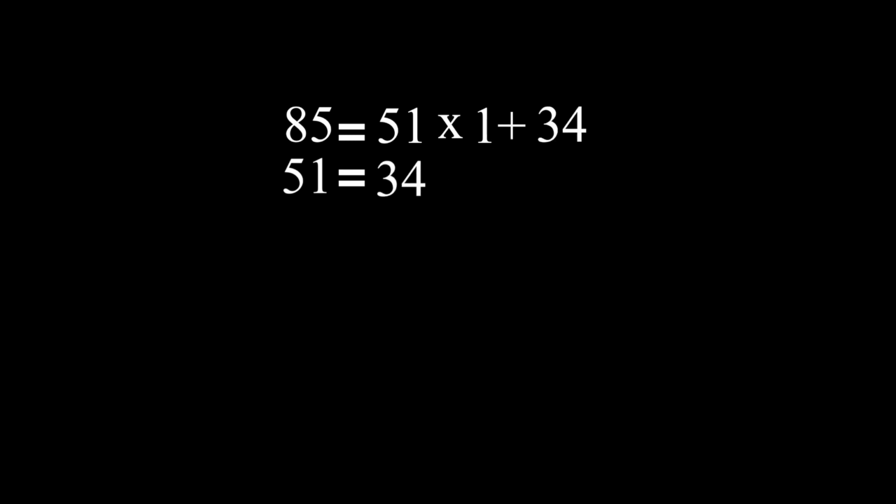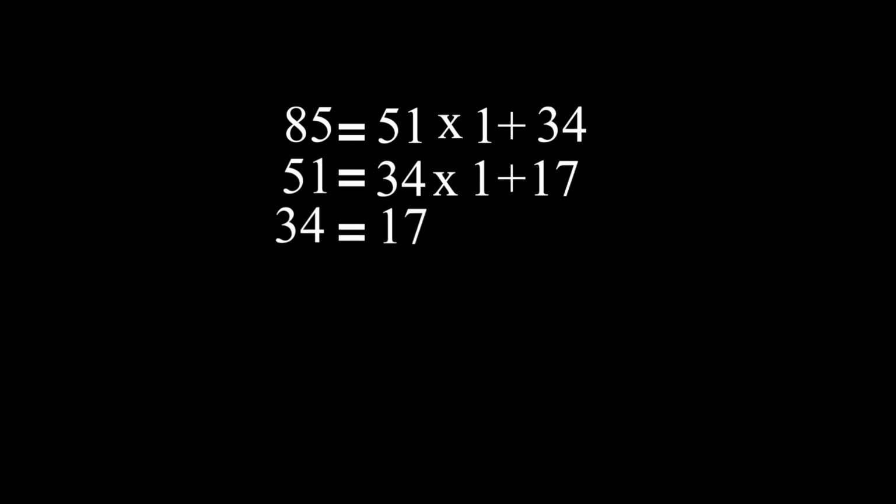So, 51 can be written as 51 equals 34 into 1 plus 17. Here, 34, the divisor, becomes the dividend in the next step. And remainder 17 becomes the divisor in the next step.